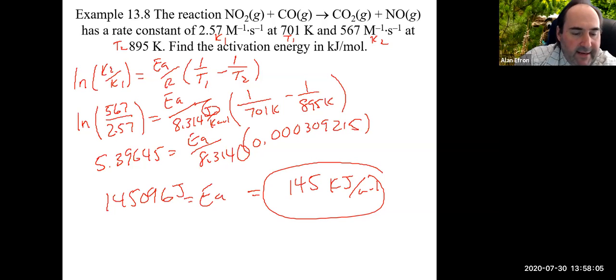And we do get a positive value here for activation energy, which, as we mentioned, is typically what you should get. As you saw from those graphs that we saw yesterday, the hill always goes up in energy, so it should be positive. It has to go up and over that hill, sort of endothermic.